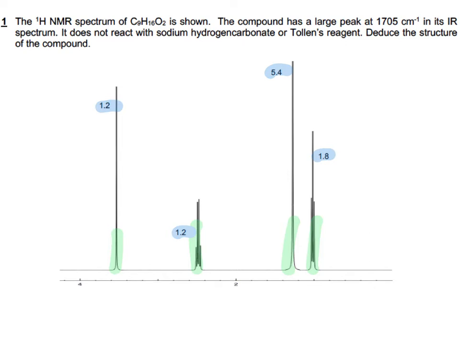The next piece of information we have is how many lines there are in each of those signals. Remember, the signals are what I've highlighted in green. Working from left to right, this signal has just 1 line in it. The second has 4 lines in it. The third has 1 line in it.